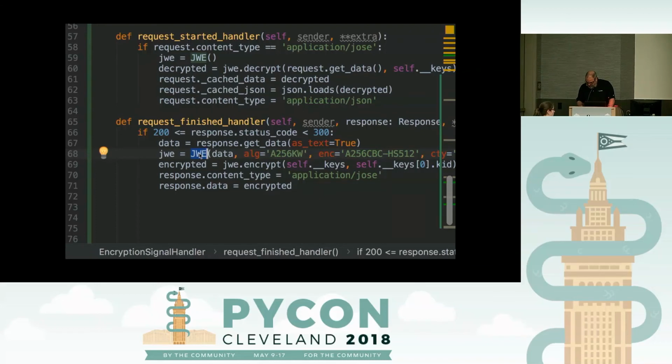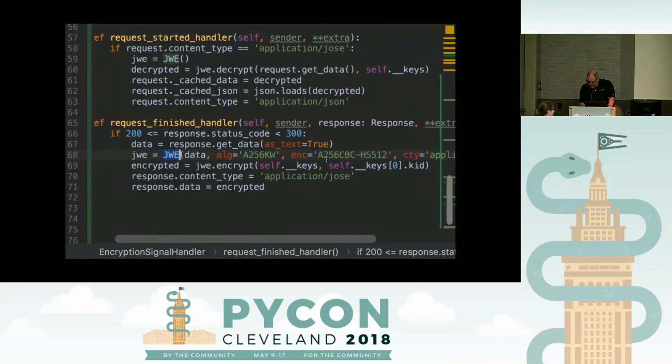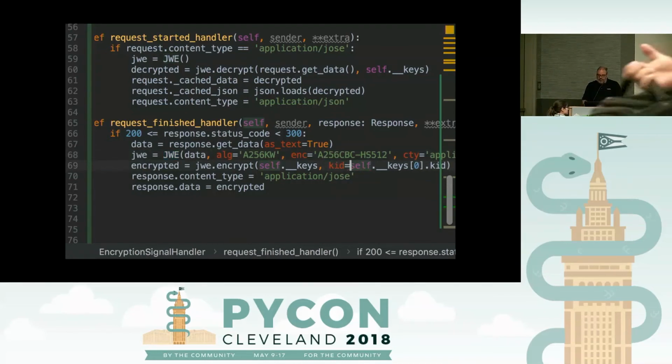Oh, for the encrypt method, you have to pass a keyword argument as a second. I didn't do that? So what do we have here? We have alg, enc, A256 CBC HS512. Self keys. Oh, you're right. Sorry. Key ID equals.